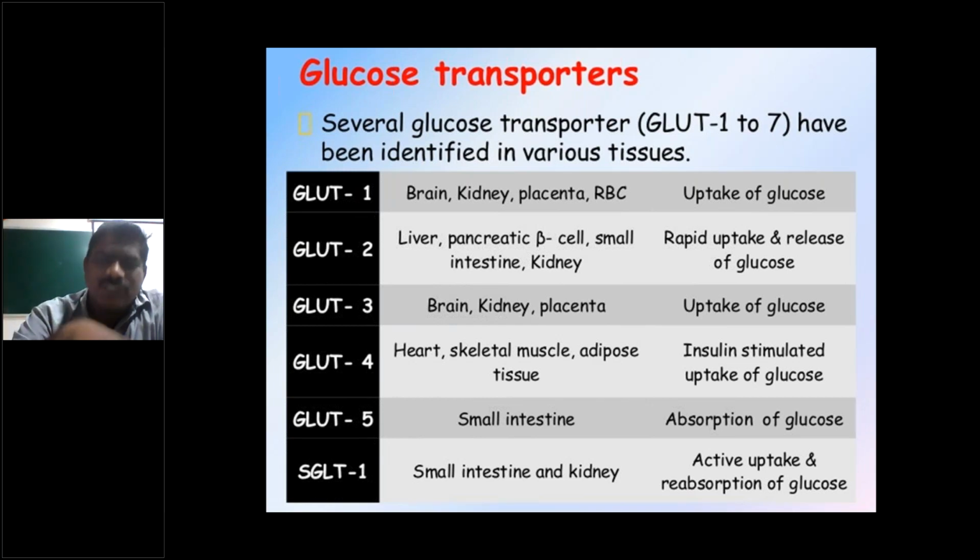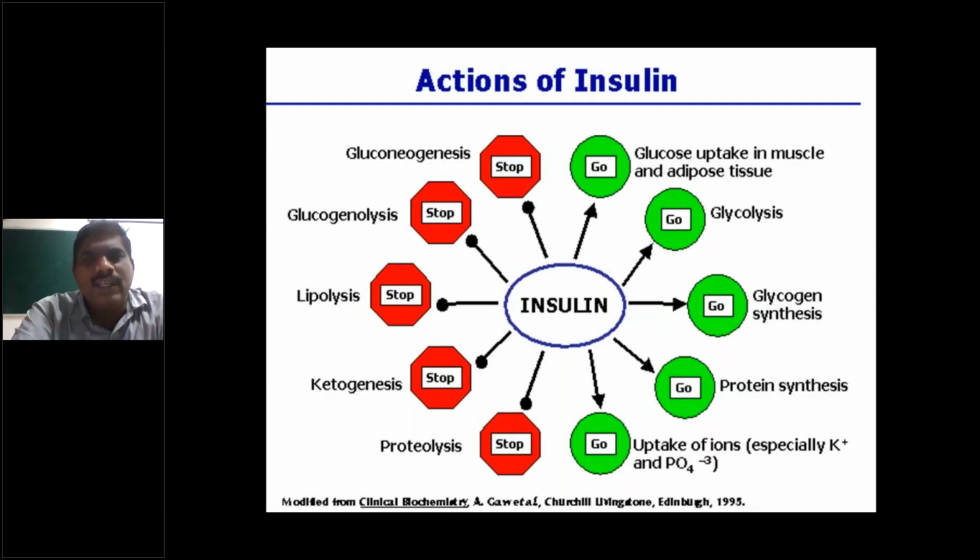Glucose transporter 5 is present in the small intestine, whereas a special glucose transporter, the sodium-glucose transporter, familiarly known as SGLT, is present in the small intestine and kidney, and does not require insulin. That's why heart, skeletal muscle and adipose tissue are exclusively dependent upon insulin. The rest of the transporters do not require any insulin.